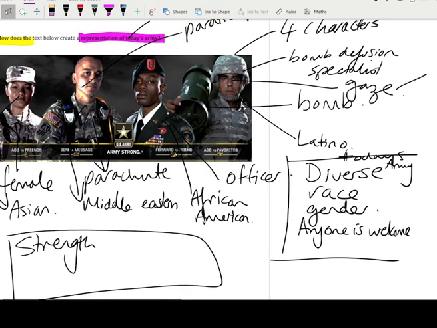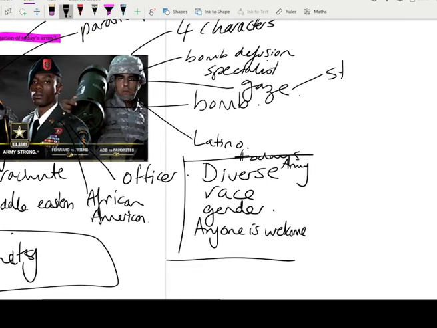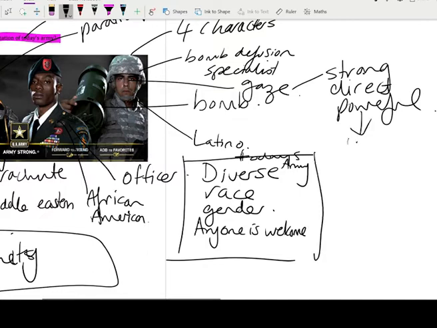So even though this woman is obviously a woman, she is still portraying this idea of masculine strength, masculinity. Her gaze is strong, and all of their gazes are strong, direct, powerful, and they're sort of saying to us, you know, we are proud of who we are.